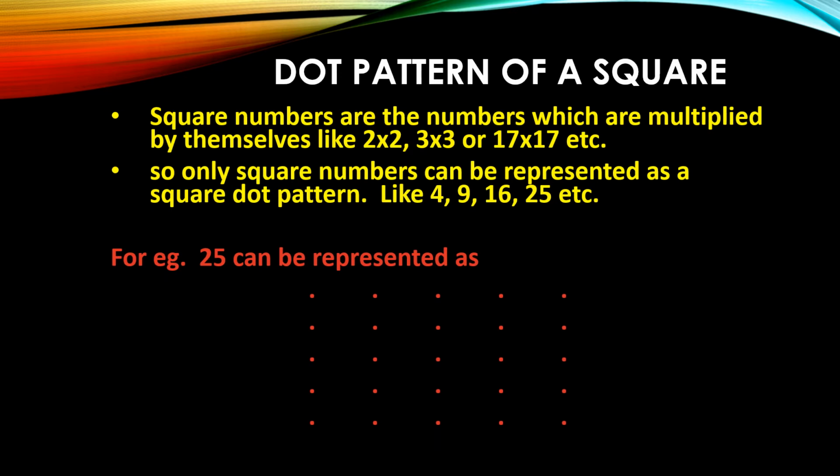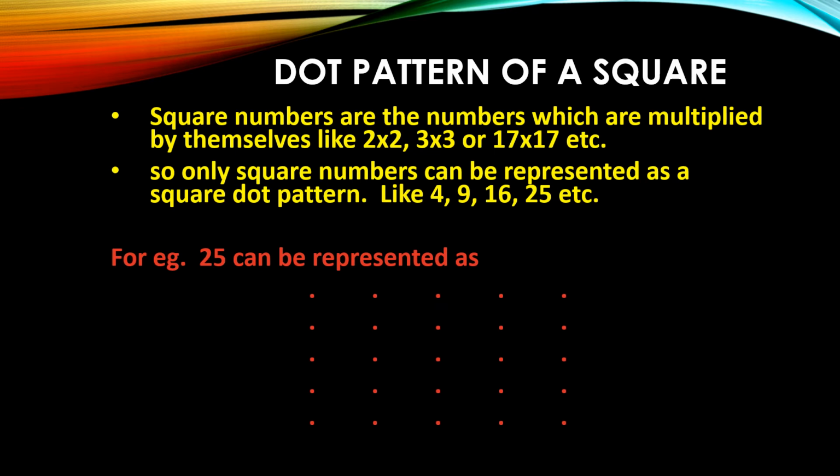I'm just giving you a rough definition because you are just in 6th standard right now, so I'm not telling you about all those other things. Basically we'll stick to this only, that square numbers are the numbers which are multiplied by themselves only. Both the numbers should be the same. It can be 4 fours are, 23 twenty-threes are, like that.